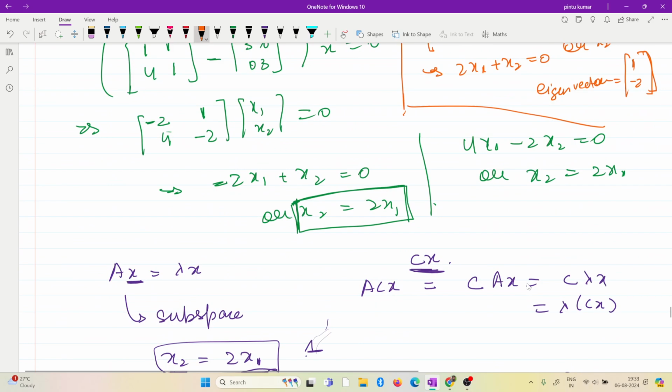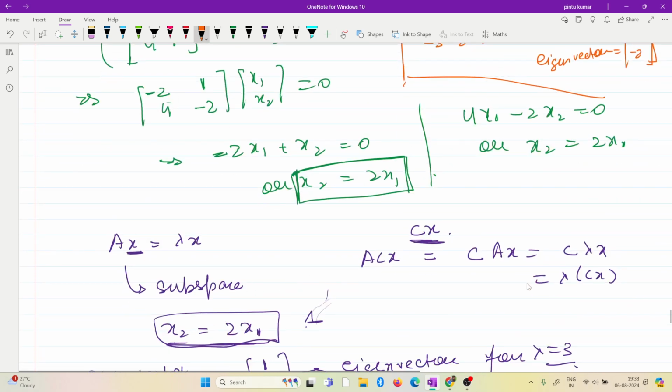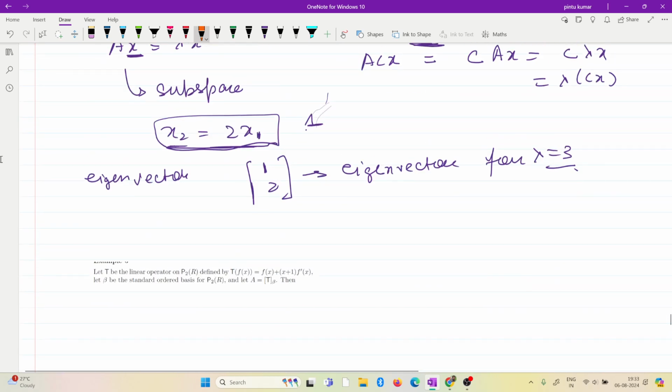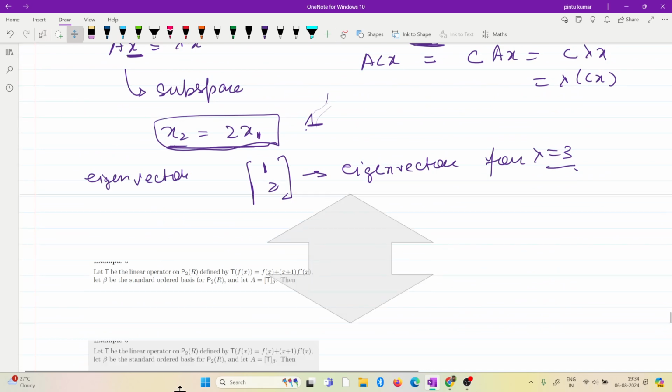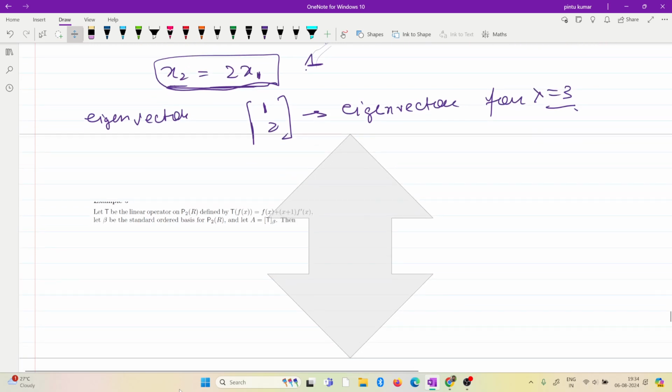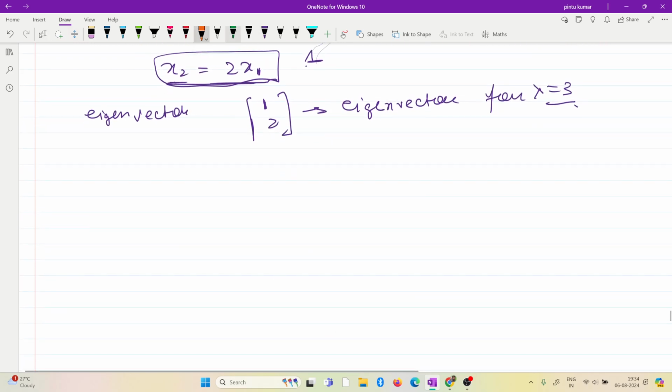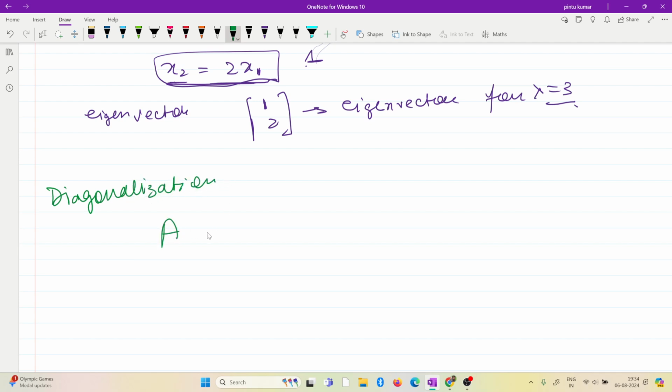One more very small thing, I'm not sure whether it is required for machine learning applications or not. There is a property that we call diagonalization. I'm not sure whether it was covered or not. If you have a matrix A, for some special type of matrix, you can write it as V D V inverse.